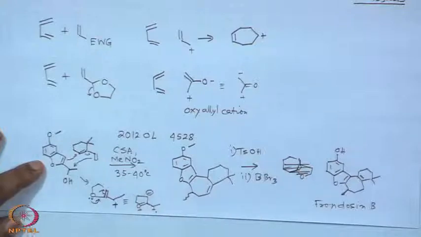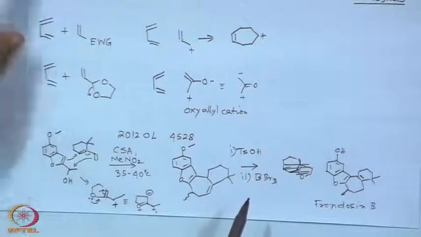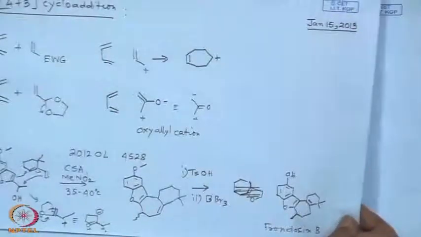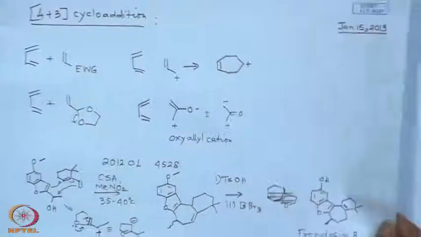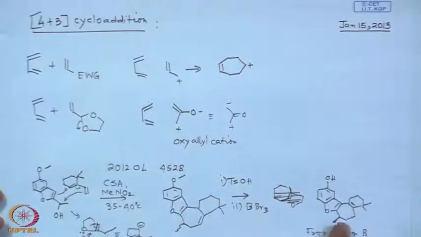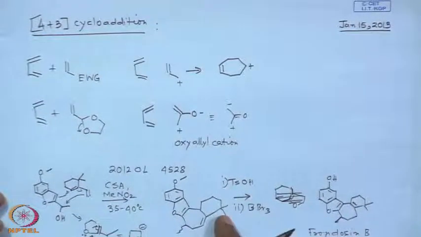Before, we learned that furan undergoes Diels-Alder reactions as a diene component, but here the furan double bond is an acceptor component, a dienophile kind of component. But it is not forming a heterocycle, it is forming a carbocycle, a 7 membered carbocycle ring system.